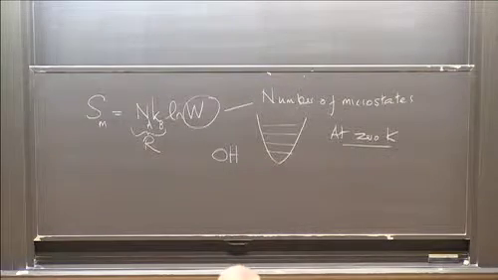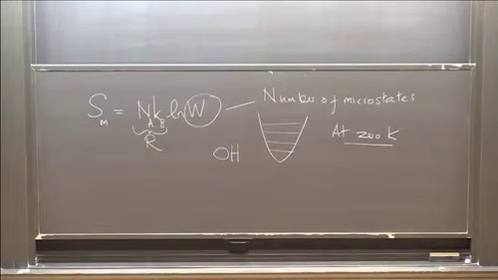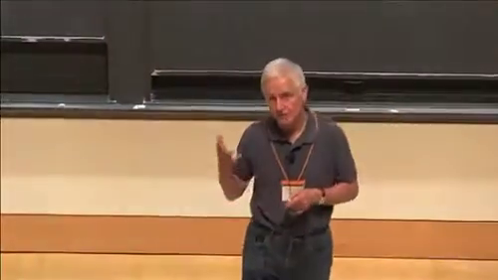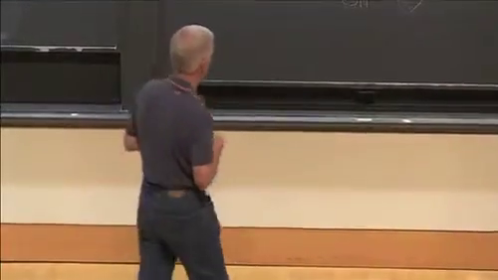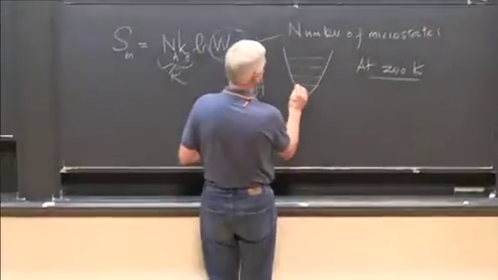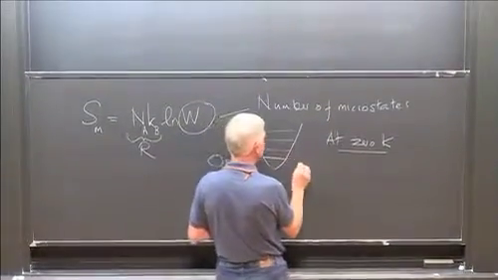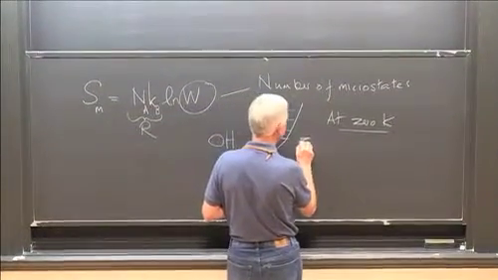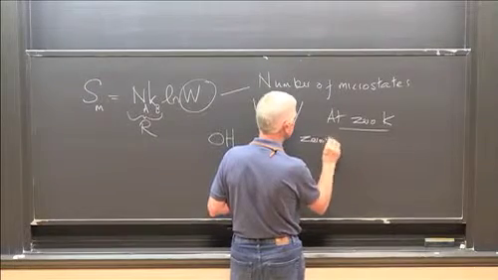They've got no thermal energy at all, so they must be in the lowest rotational energy level, the lowest vibrational energy level. So this is called the 0-point level.